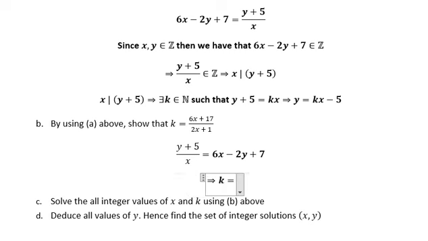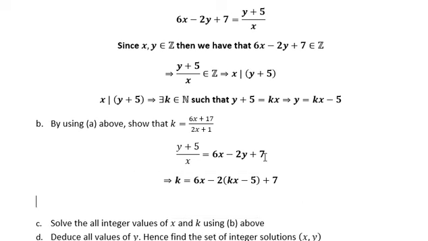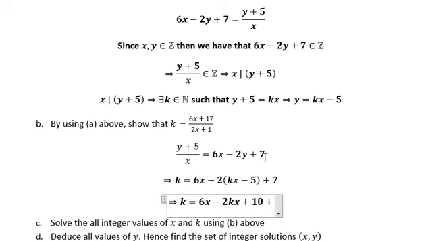Now the right hand side, we have 6x minus 2 into what is y, kx minus 5, then plus 7. From here, I'll just expand and make k the subject of the formula. So I have k equal to 6x minus 2kx plus 10, then plus 7, and 10 plus 7 is 17.